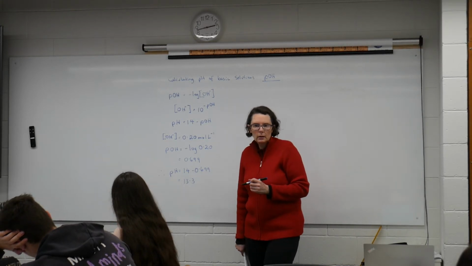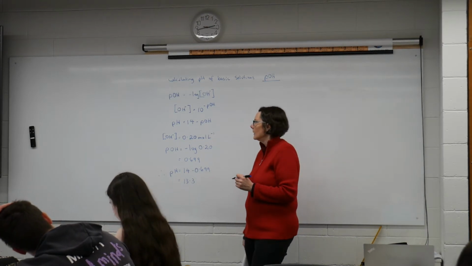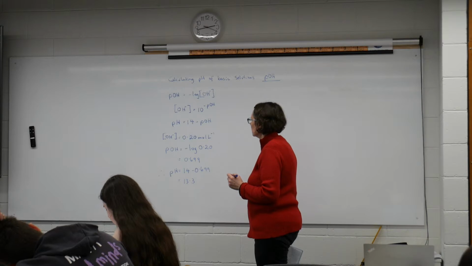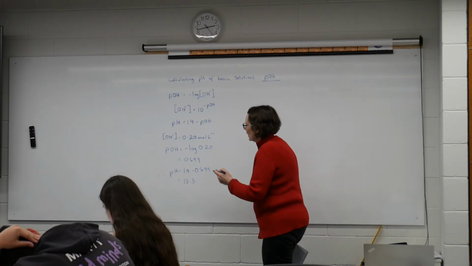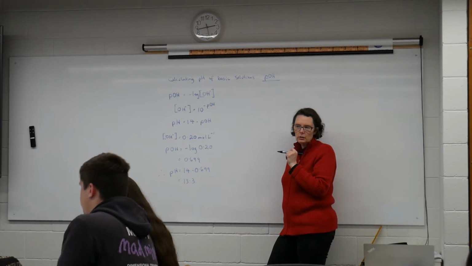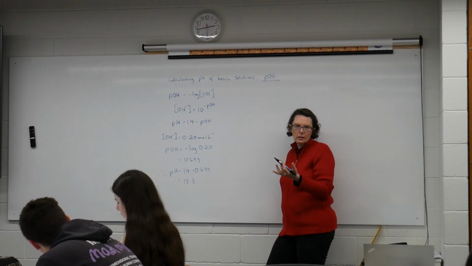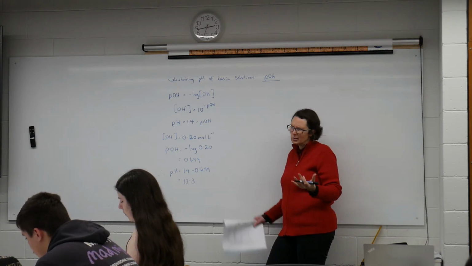Well, what if the pOH is negative though? Because there's nothing to stop you getting that negative. You can't have a negative concentration. If you had a negative value, I guess that's indicating that the H plus ions are in excess rather than the OH ions.